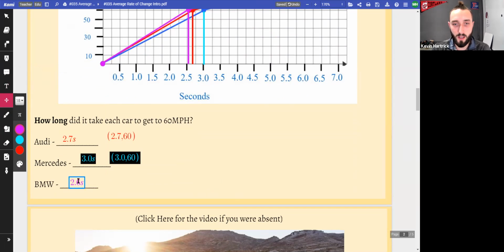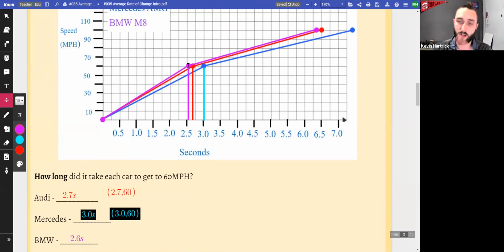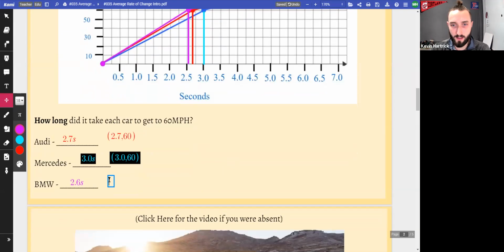So obviously this one, 2.6, because it was closer to the 0 than this one. We made 2.7 because it was further away. So let's make it into a point. So that's 2.6 and 60.